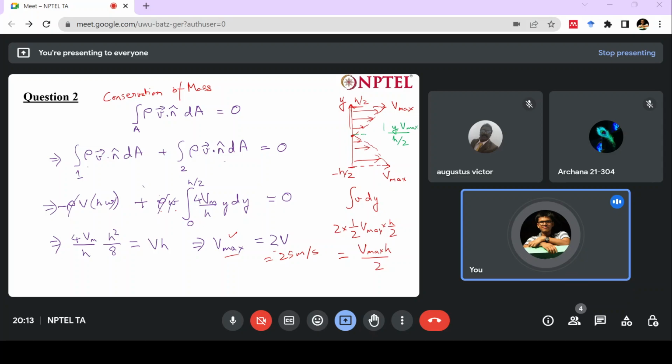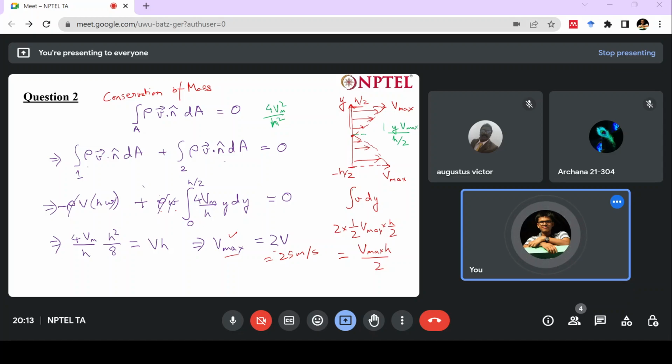The reason I am writing it in this form is that when y is h by 2, V is V max, and when y is 0, V is 0. If I write it like this, then I can easily see the function. So 4 into V max square divided by h square will come out.